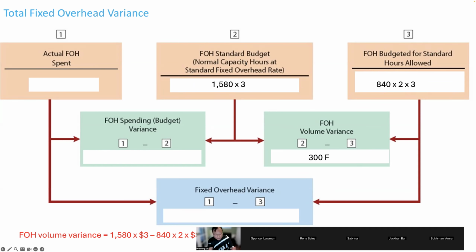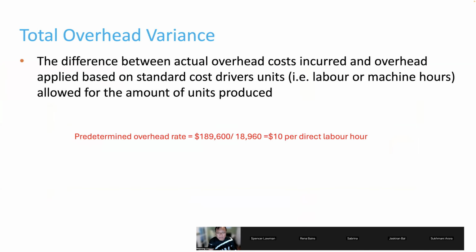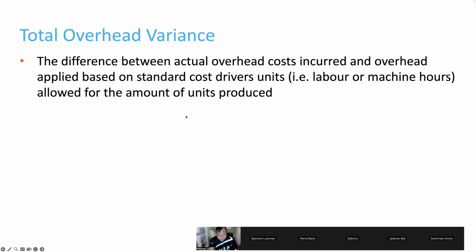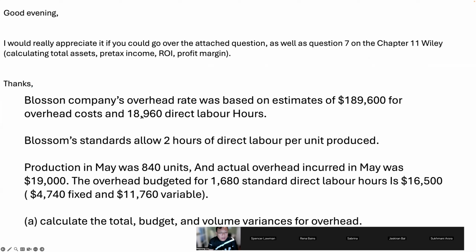Normal capacity hours. In this example, the normal hours is based on 18,960 hours per year. So that's annually. In this question, we are dealing with the month of May, so the capacity for each month is calculated by dividing this number by 12.